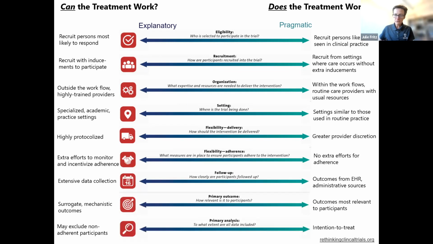And then a couple of final domains. One is the follow-up. How closely are participants followed and what kind of data is collected? So a pragmatic approach, to the greatest extent possible, wants to rely on administrative data sources, things that are collected in routine care anyways.